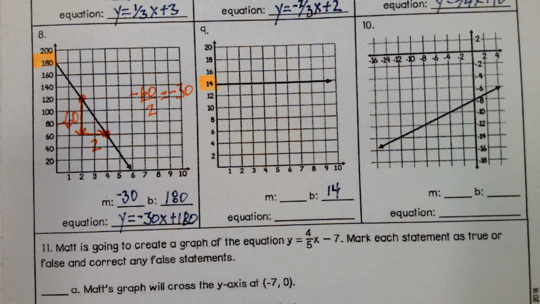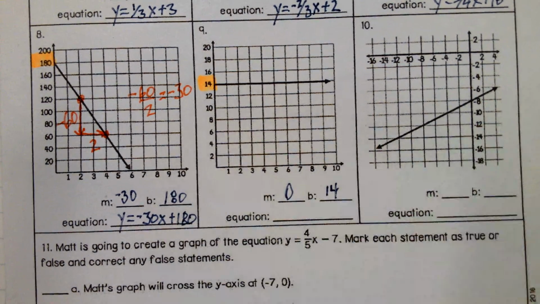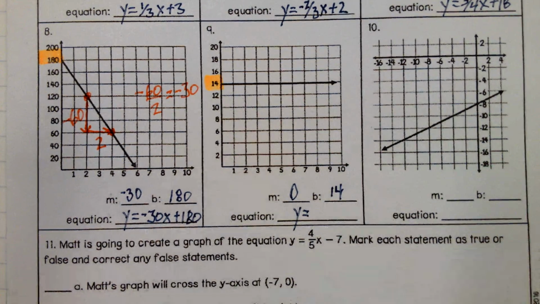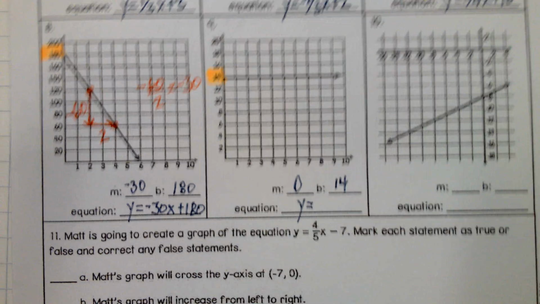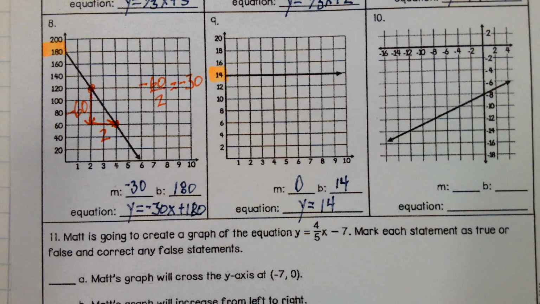It's a horizontal line. Remember we talked about that? The slope is 0. Y equals 14. Yeah, because you would write y equals 0x plus 14. But 0 times x becomes 0. And 0 plus 14 is just 14. So shortcut, y equals 14.